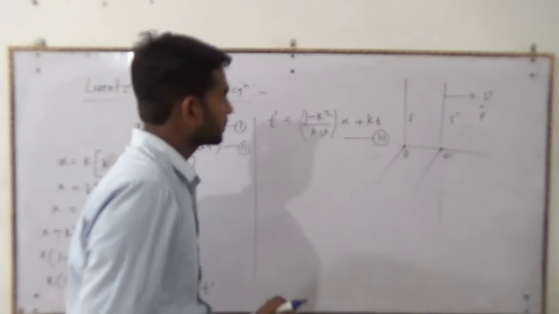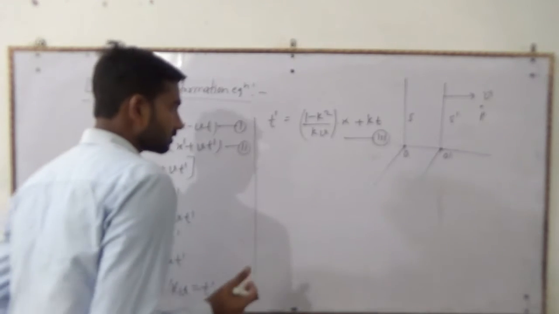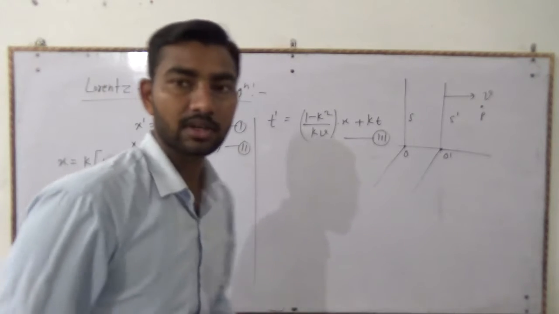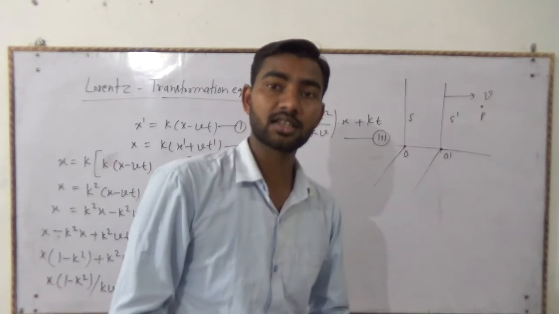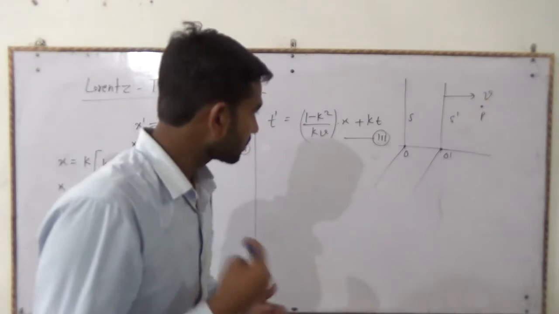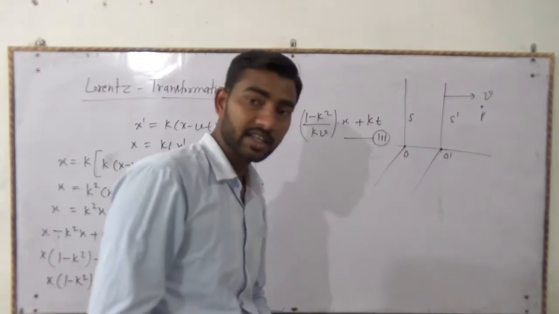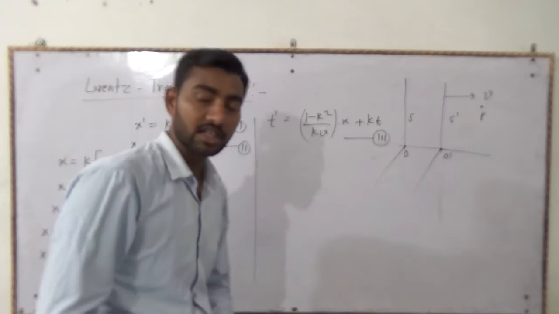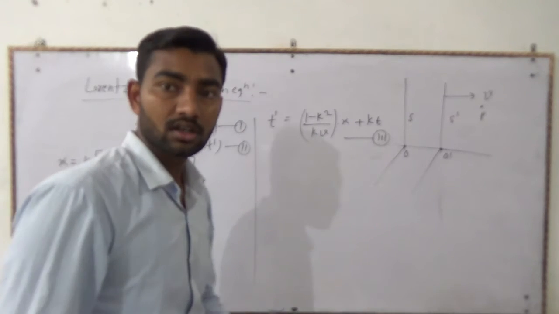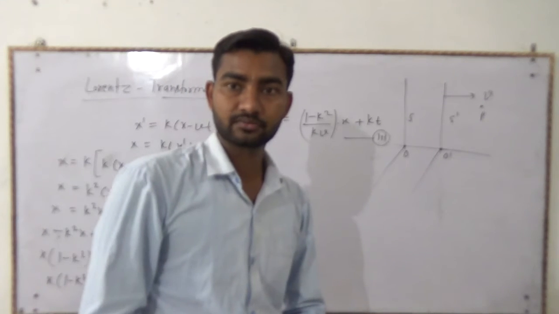Now we want to find the value of the constant k. How can we find the value of constant k? We can find the value of this constant k very easily with the help of the second postulate of the special theory of relativity.